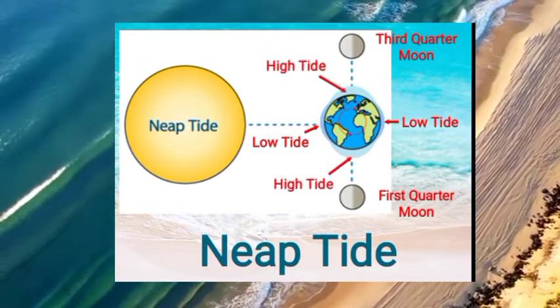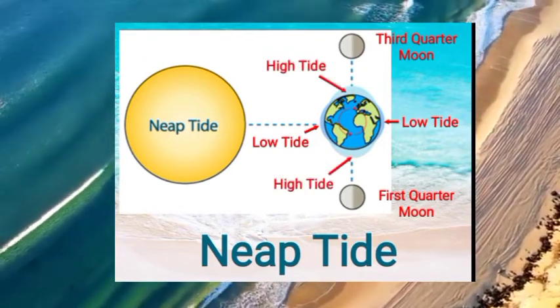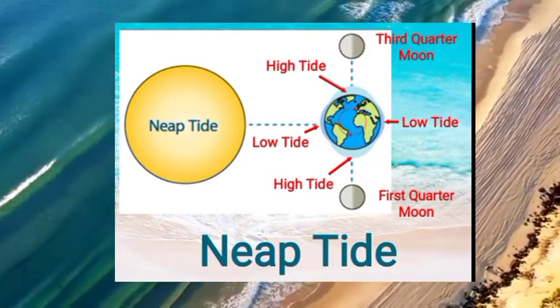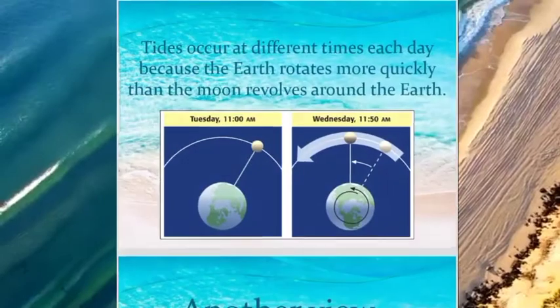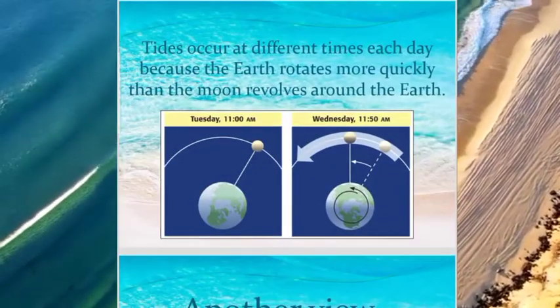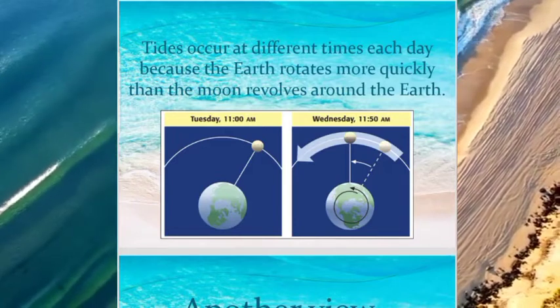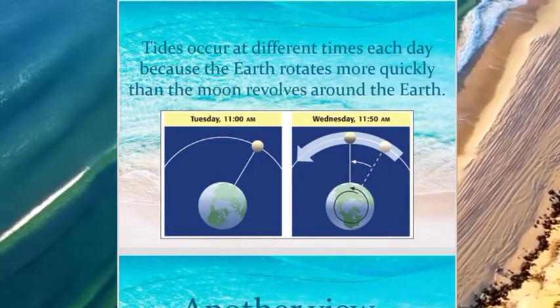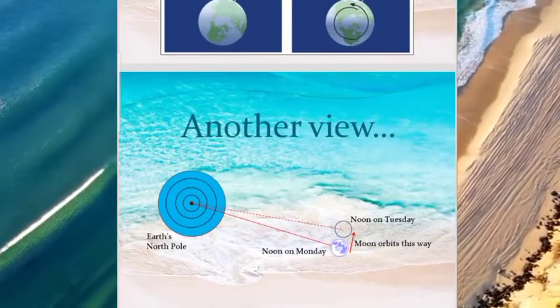While the high tides occur on the places in the Earth which are near the moon. Tides occur at different times each day because the Earth rotates more quickly than the moon revolves around the Earth. So this is another view.